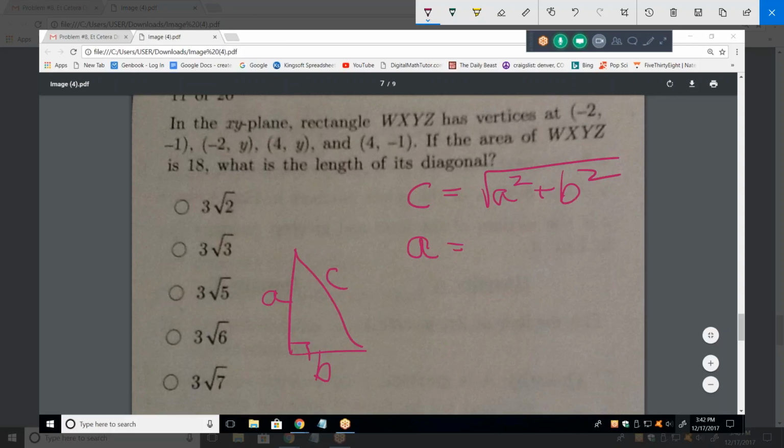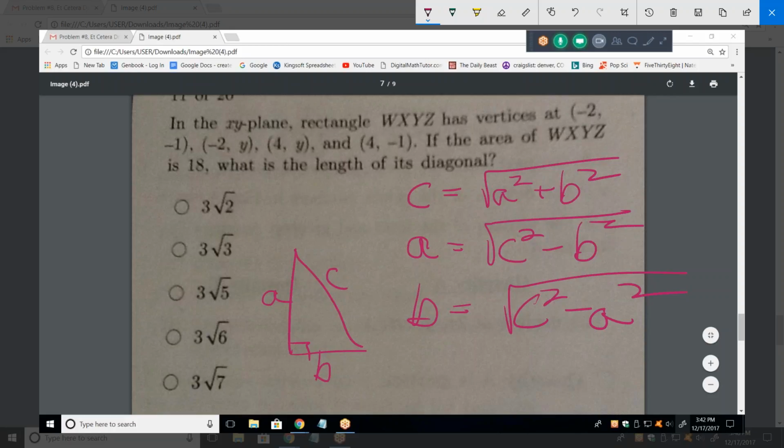A is always the square root of C squared minus B squared, and B is always the square root of C squared minus A squared. So the first thing to remember is that your answer is always square root of something. Always. Sometimes it's square root of 25, which turns into a whole number like 5, but not always. Usually your answer is a radical.